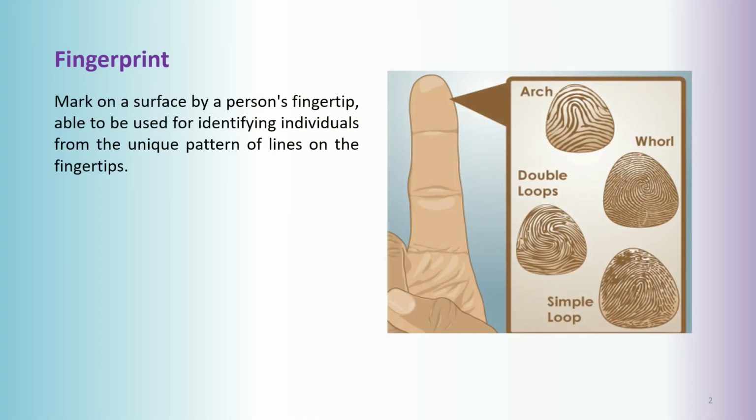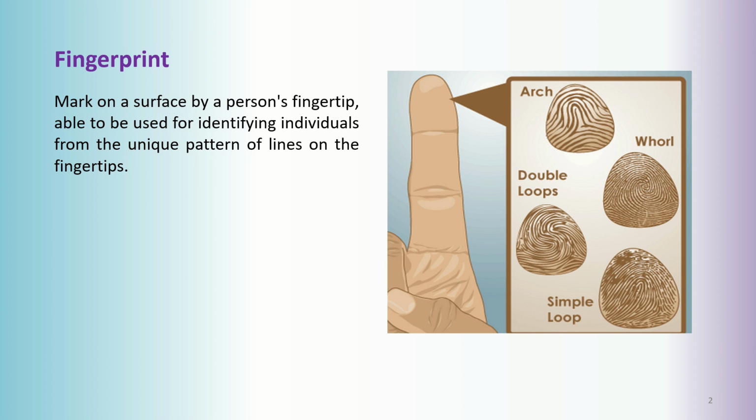Okay, first of all is about fingerprint. We can find a mark on the surface of our fingertip, and the mark comes with a unique pattern, and the pattern can be used for identifying individuals.